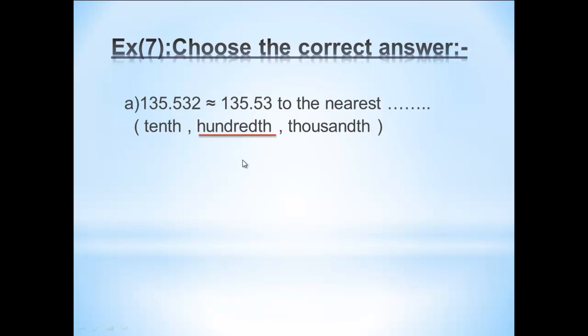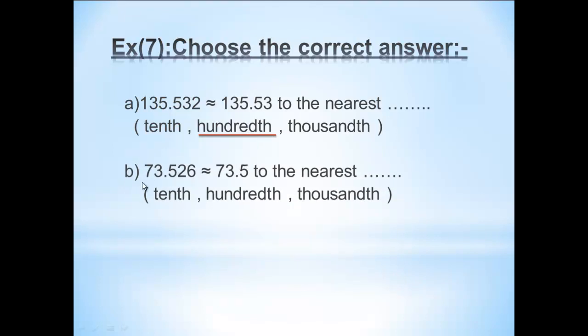Another one. We have here 73.526, approximated to 73.5. This approximation is to the nearest what? What approximation do we do? It turns the number to only 1 digit after the decimal point. Tenths. Yes, very good.